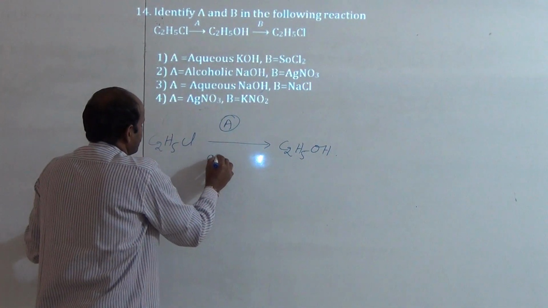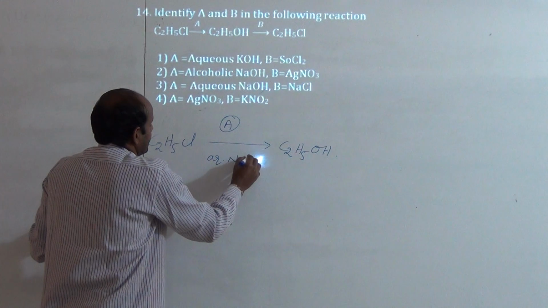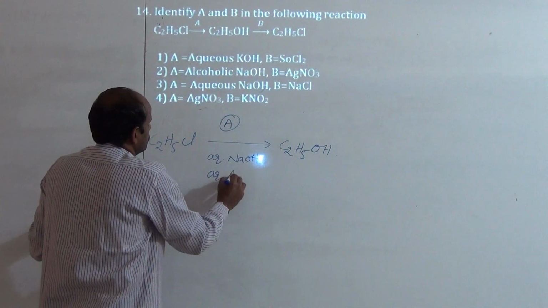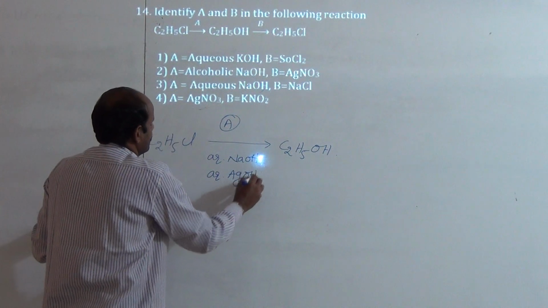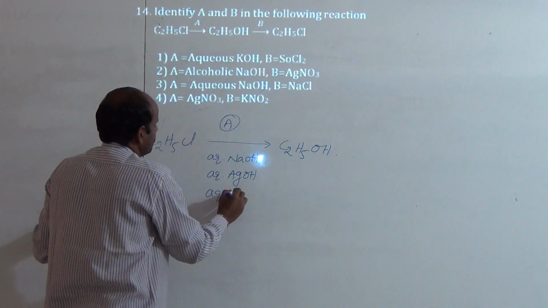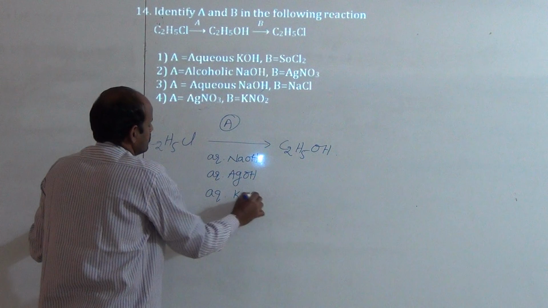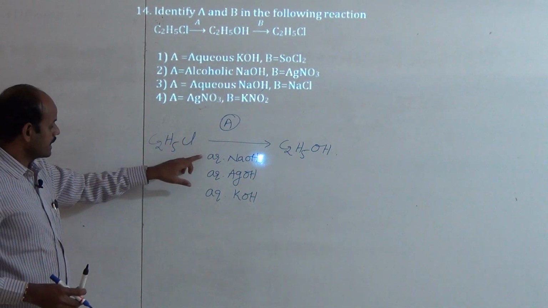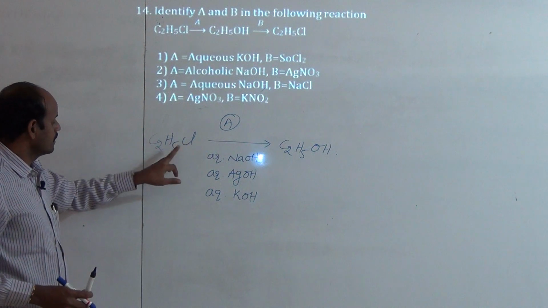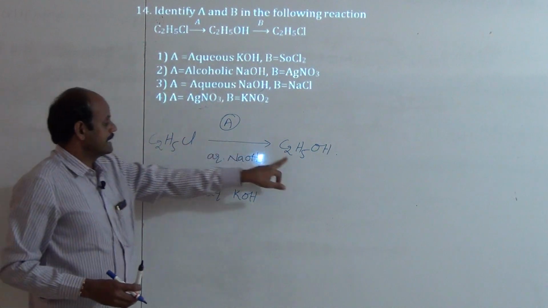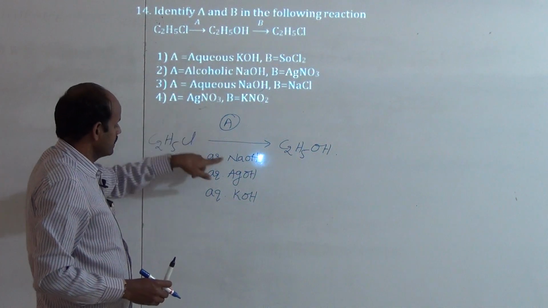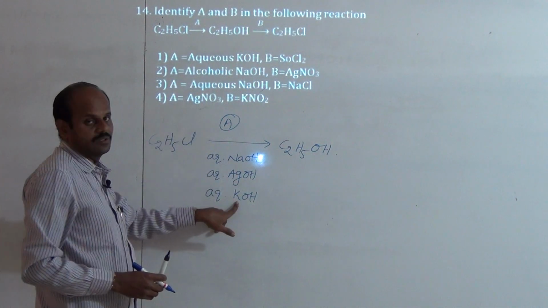If you take aqueous sodium hydroxide or aqueous potassium hydroxide or silver hydroxide, you can take either reagent. On reacting with these reagents, ethyl chloride gives ethyl alcohol. You have to check. Okay, A is either NaOH or AgOH or KOH.